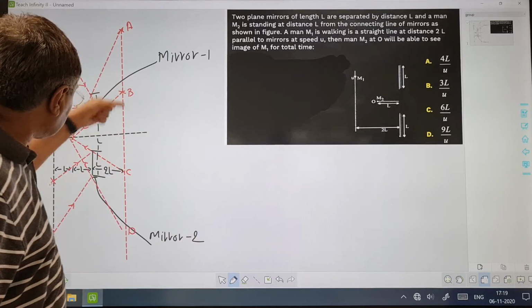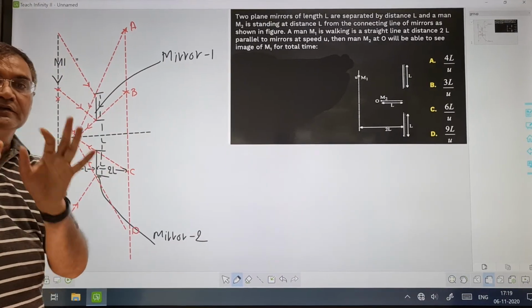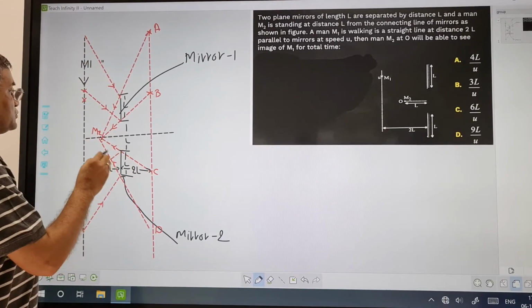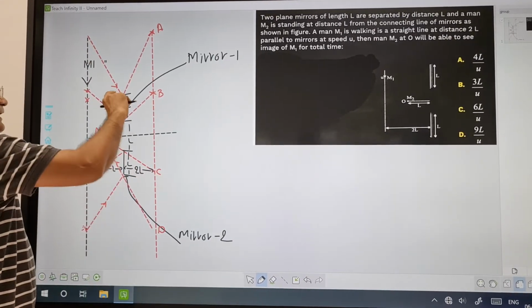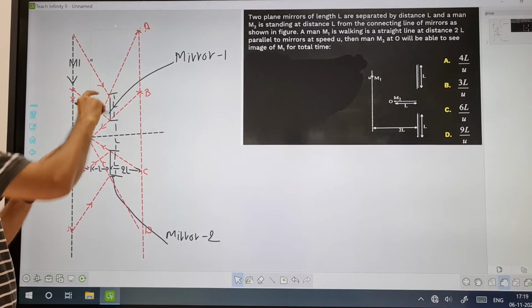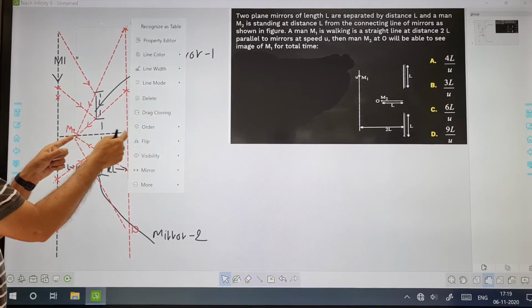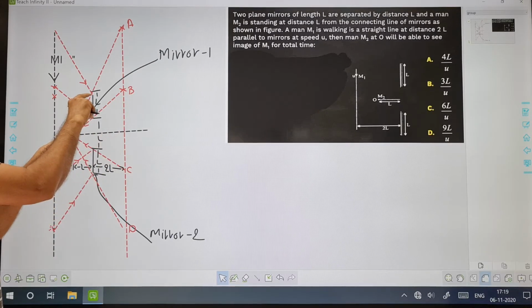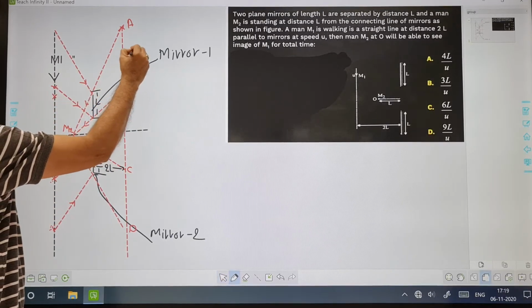So if you find out what is BC, what is AB and what is CD, then you can calculate the time. So here, this is L, this much L is given, up to here it is L, and from here to here it is 3L. So if this is L, how much should this be? It should be 3L.